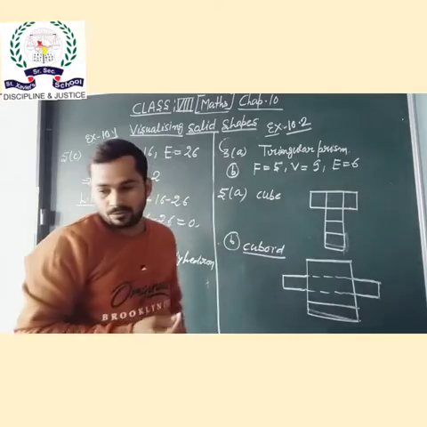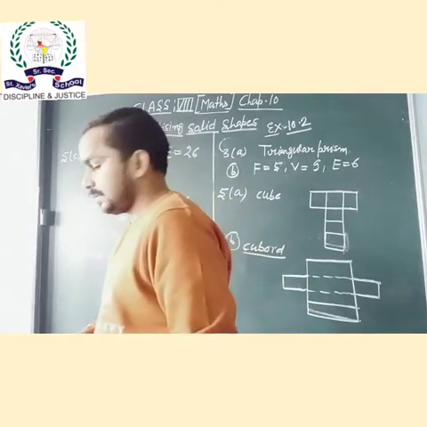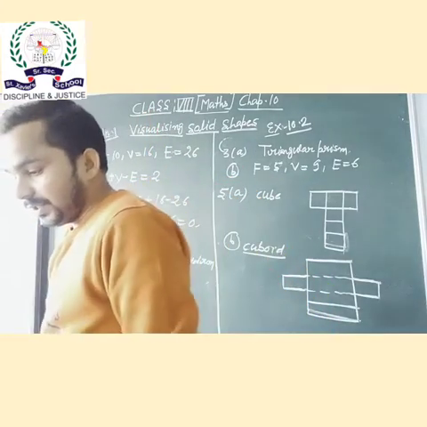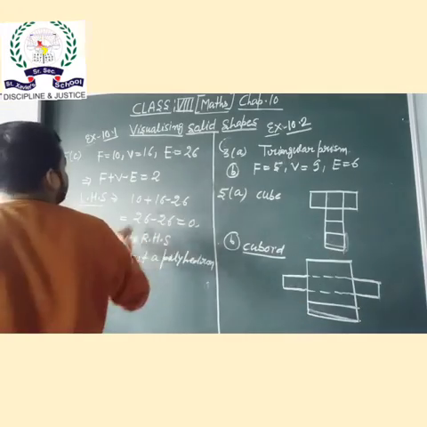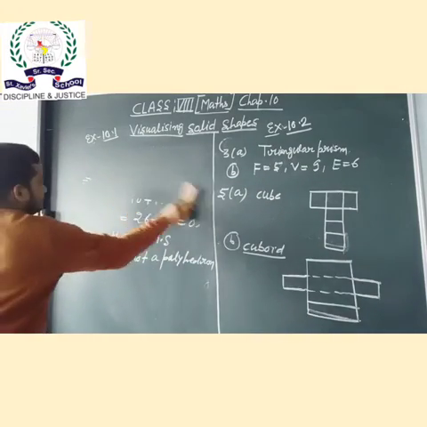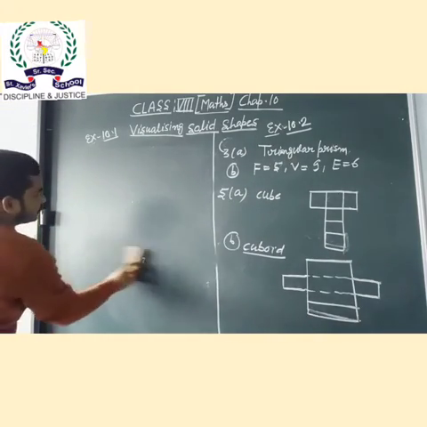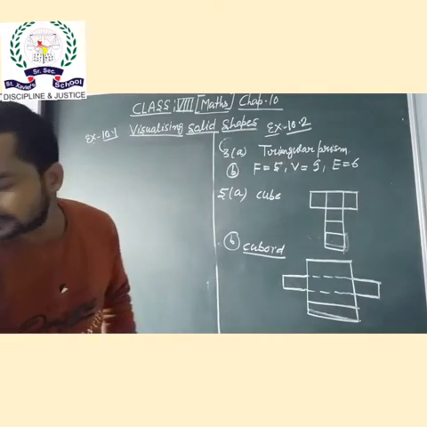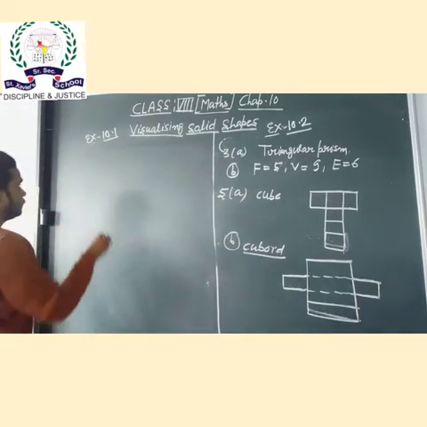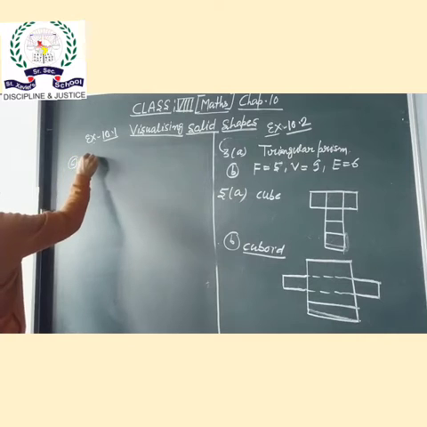This is the net of the cuboid. Then cylinder and a square pyramid. Net of the cylinder.